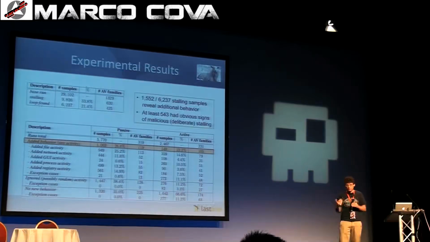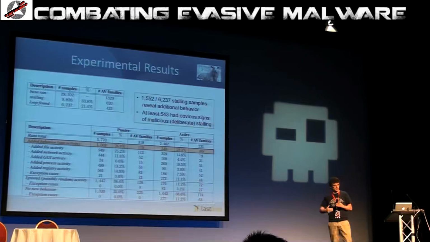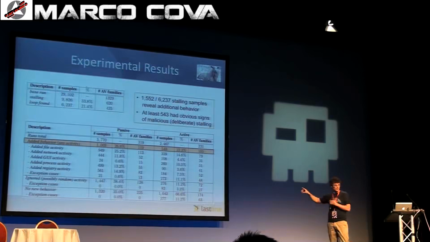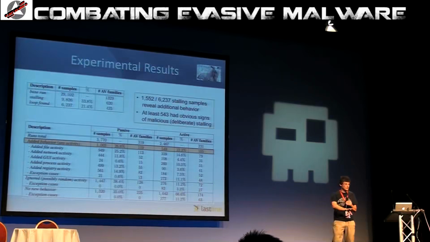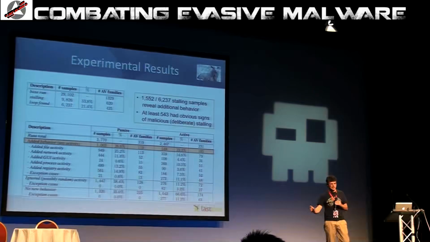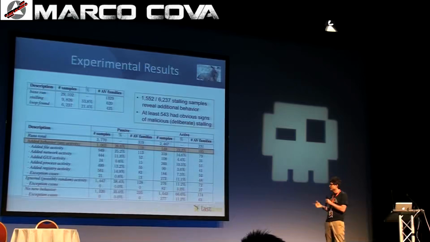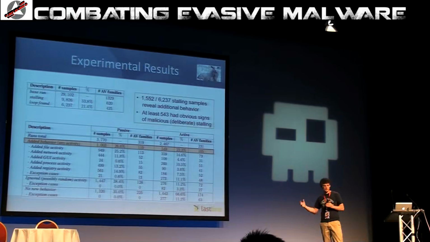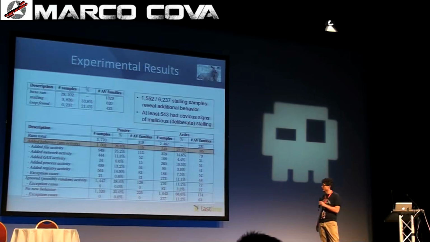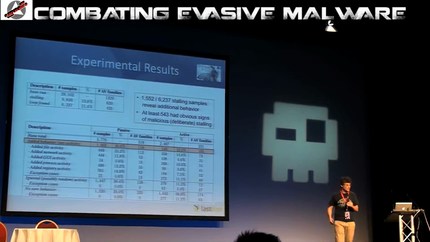Quite a few of them were actually using these evasive techniques. And then we saw that by applying the techniques that I just discussed, the passive monitoring and then the active breakout, we were able to see significant additional behavior, so actions that we would not otherwise have seen performed by the malware, in about 1,500 of these samples.